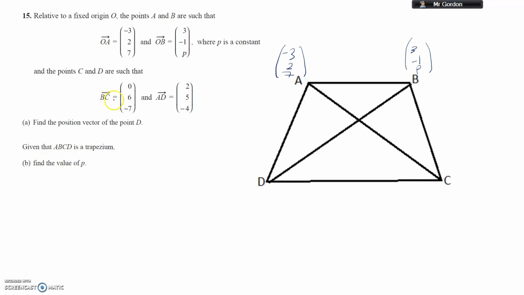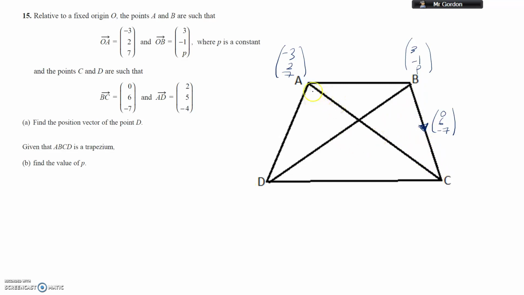B to C, this vector, I'll label it with the arrow in the middle. It's a directional vector because it's not from the origin, just from B to C. So this is 0, 6, -7, and that describes this journey, this length and direction.